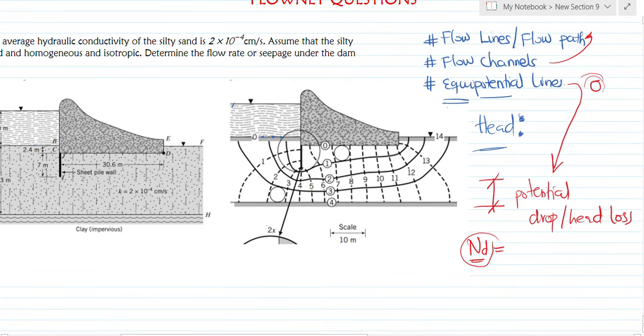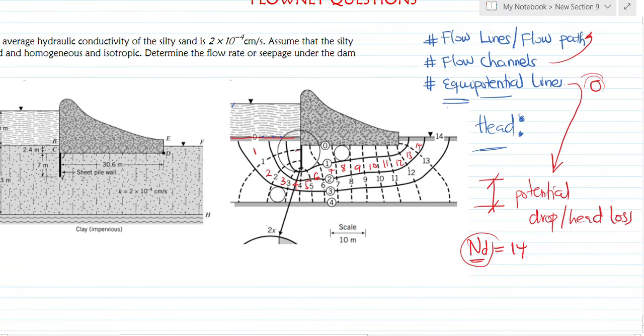So let's count. This is an equipotential line. So there's 1, this is 2, this is 3, this is 4, this is 5, 6, 7, 8, 9, 10, 11, 12, 13, 14. So how many drops? 14 drops. If I want to count the equipotential lines, I start from 0.